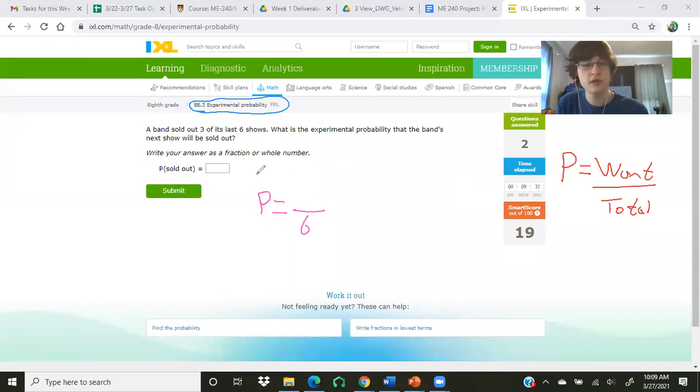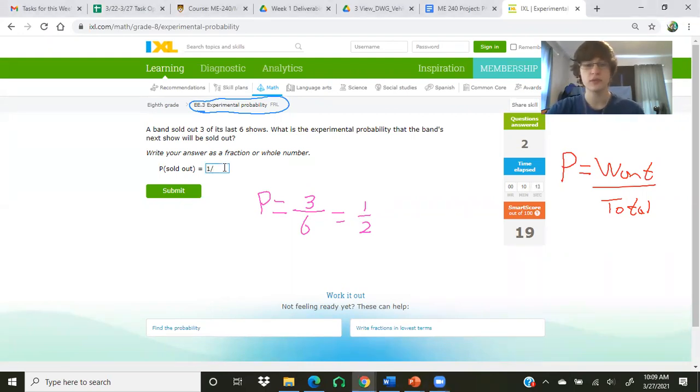What is our want? Our want is to be sold out, which happened 3 of those 6 times. Hopefully you know that 3 over 6 is equal to 1 over 2. So what is the probability that the band's next show will be sold out? We look to the past to see what previously happened, and we see that it's 1/2.